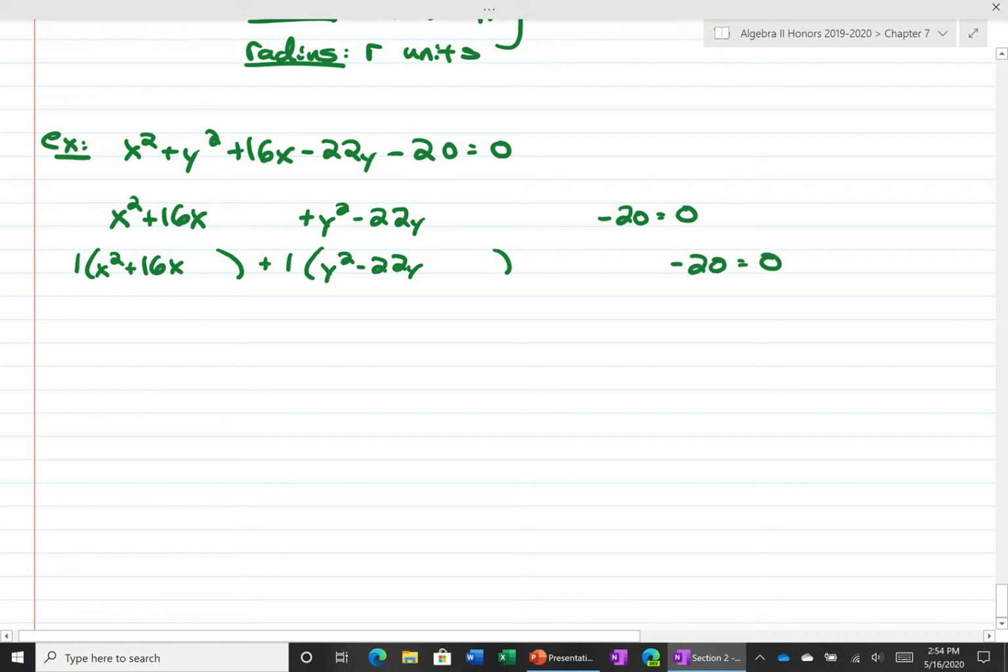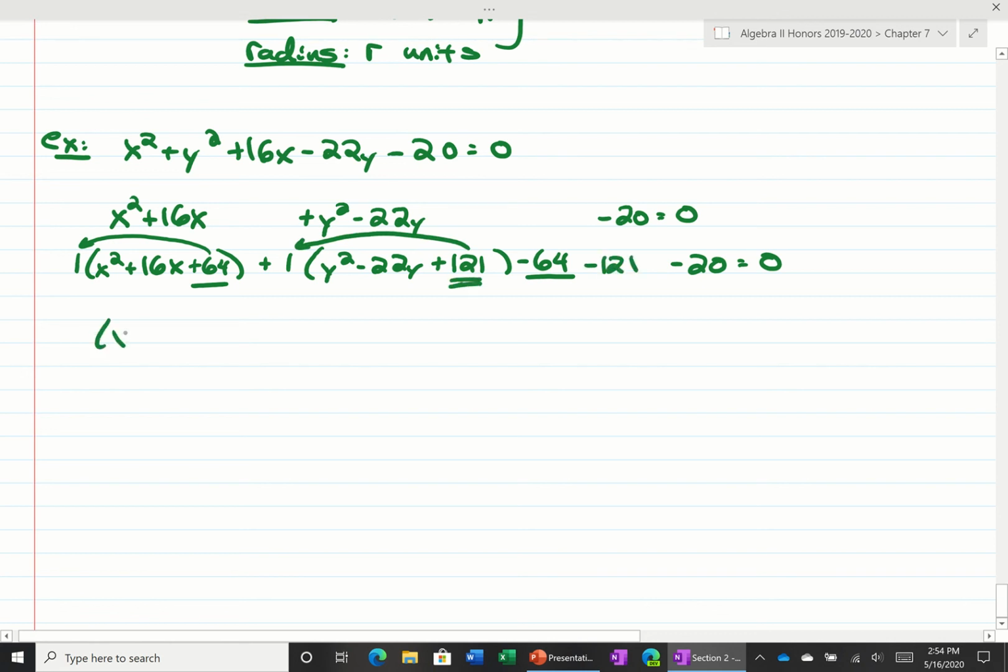Now we could complete the square. So with the x's, we're going to take half of 16, which is 8. 8 squared is 64. 64 times 1 is 64, so we're going to subtract 64. Half of 22 is 11. 11 squared is 121. I'm going to multiply that by 1, and then I'm going to subtract 121.